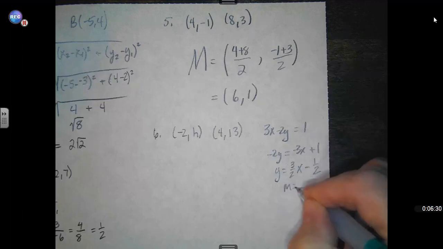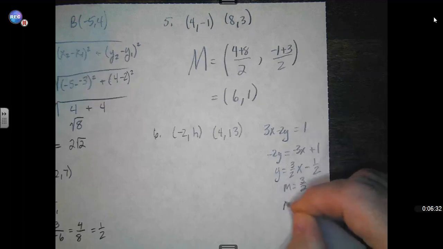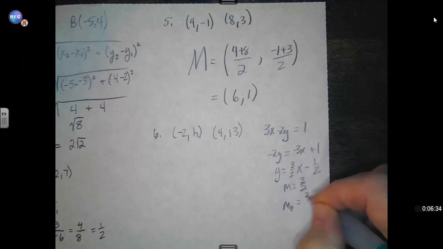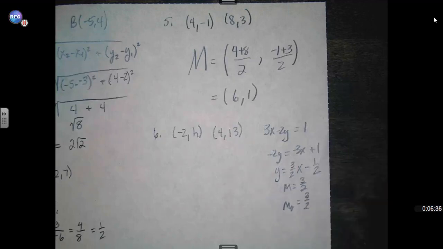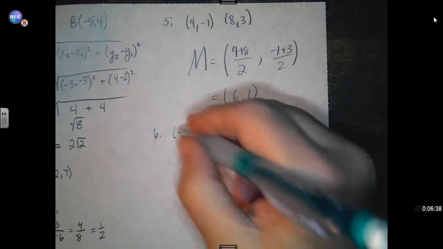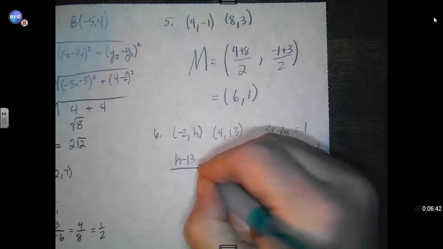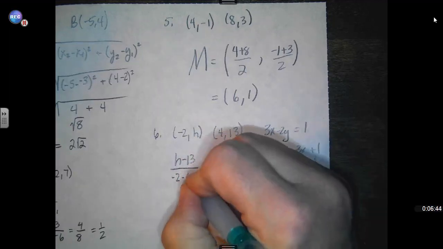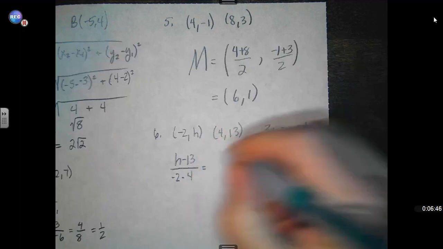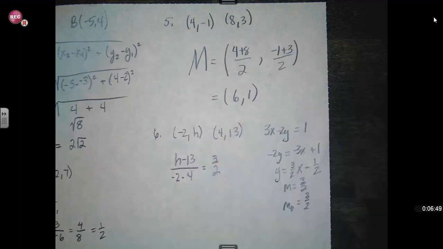The slope here is 3/2. The slope of the line parallel to it is 3/2. So basically what I want to do is take h minus 13 over -2 minus 4, set that equal to 3/2. And that'll allow me to solve for h, and that's what we're looking for.